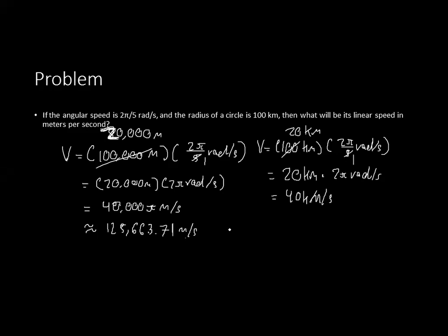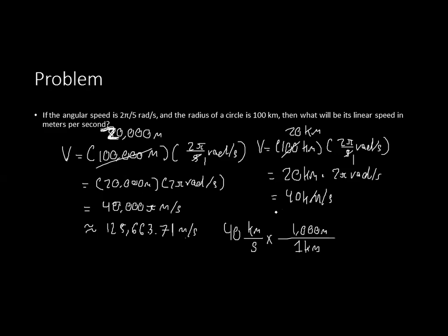Remember that 1 kilometer is equivalent to 1,000 meters. So 40 pi kilometers per second times, since we're looking to cancel the kilometers, 1 kilometer is below and 1,000 meters is above.